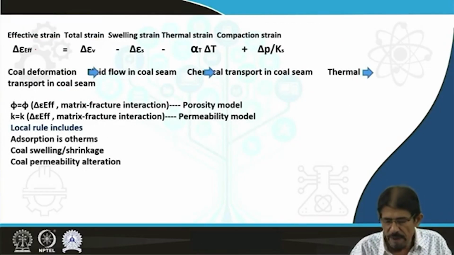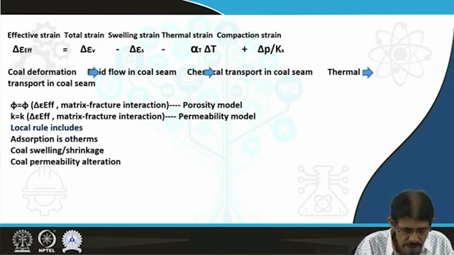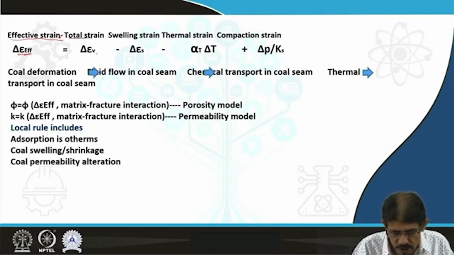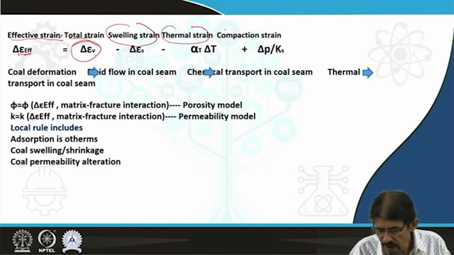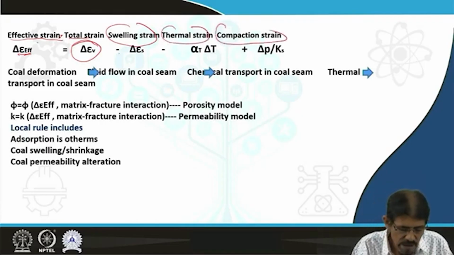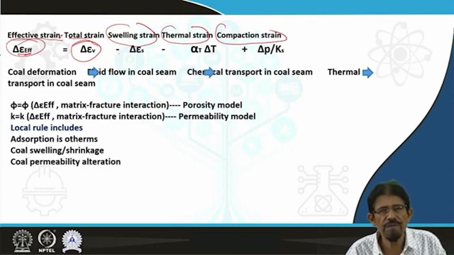As far as mechanics is concerned, we can say that effective strain is total strain minus swelling strain minus thermal strain plus compaction strain, and the effective strain is going to control the release of coal bed methane.